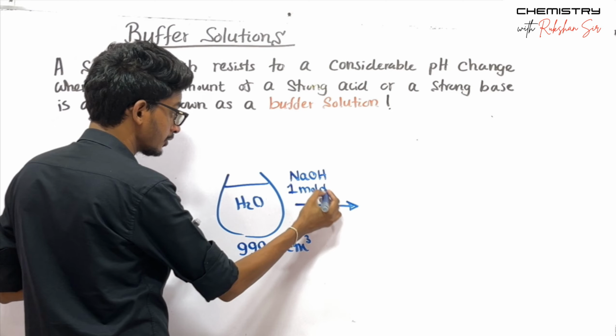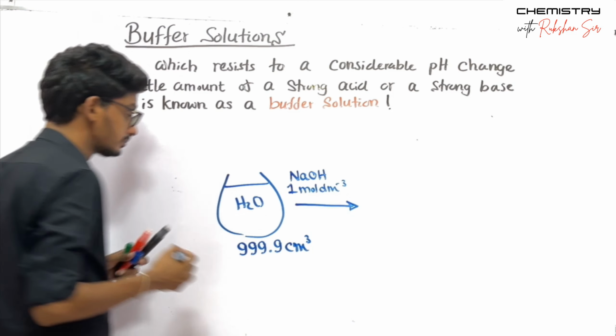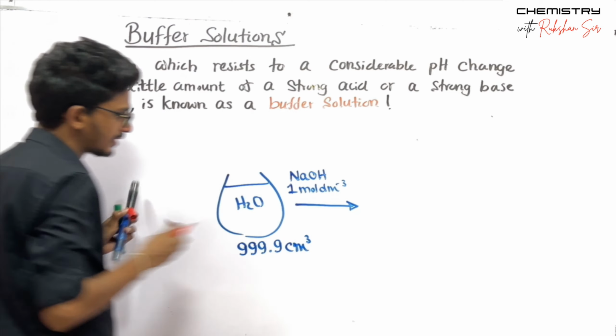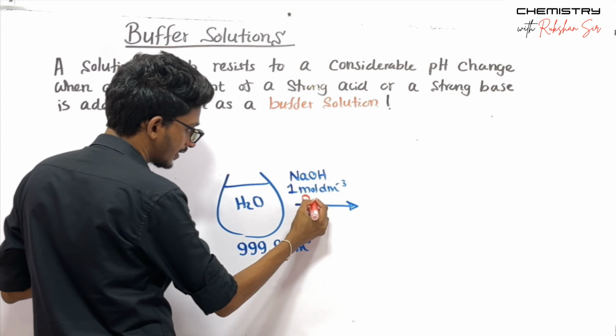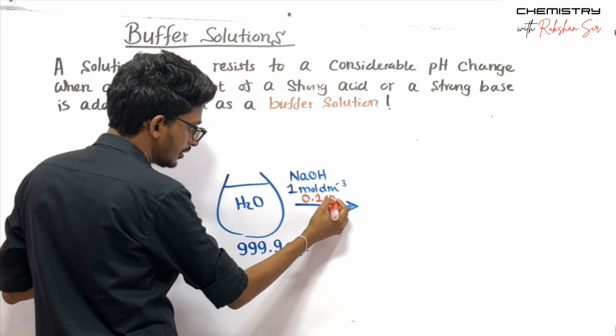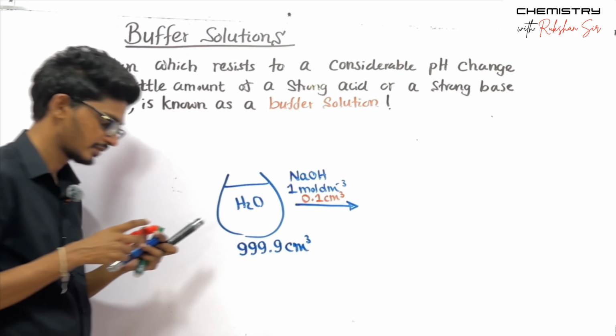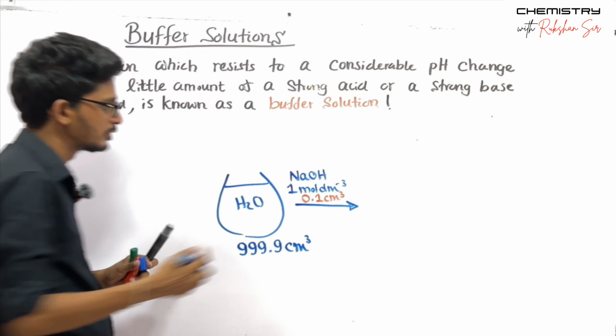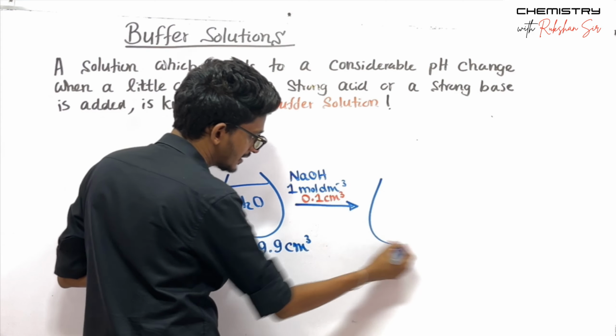NaOH is a strong base, but just a little amount, just 0.1 cubic centimeters. Let's come up with the resultant solution and see what the pH will be.